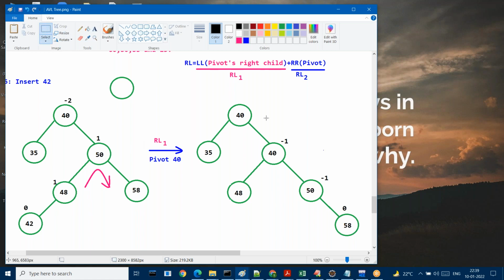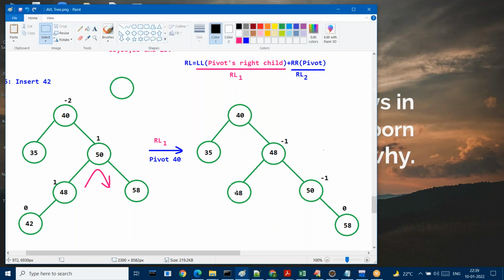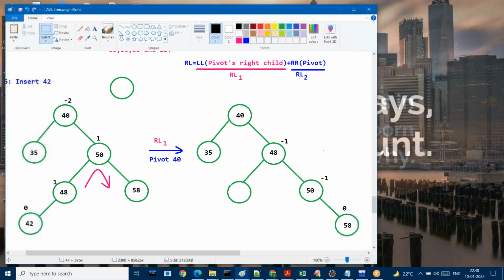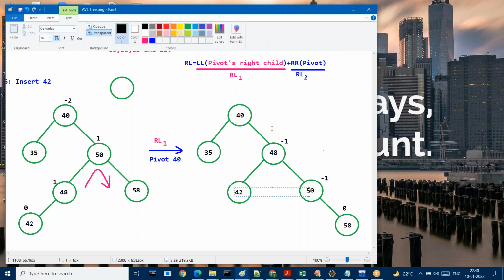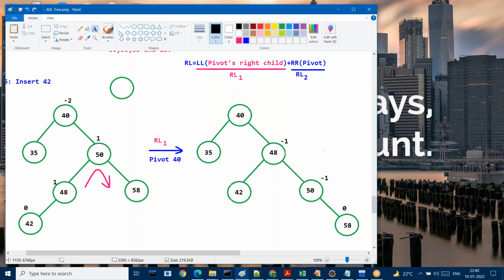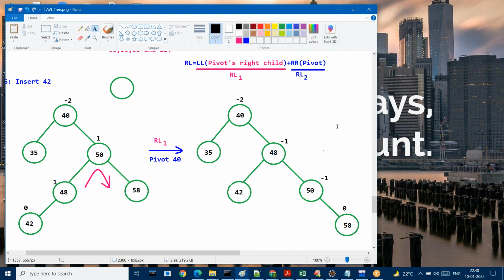This is 48, sir. And this is 42, sir. This fellow is 42. Forgot to change those values. Calculate the balance factor of 40. Sir, 1 here, 1, 2, 3 here. That means minus 2. Oh, the tree is not balanced yet. It should not be, sir. I have not done yet.